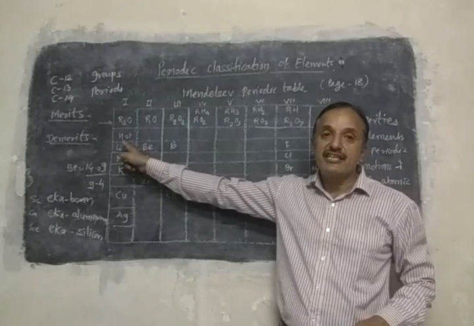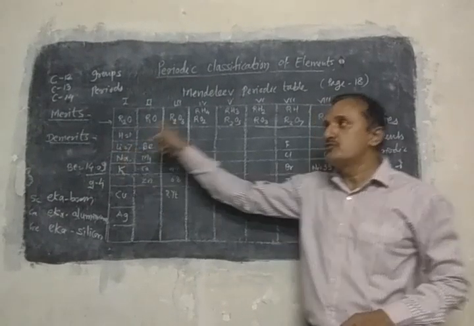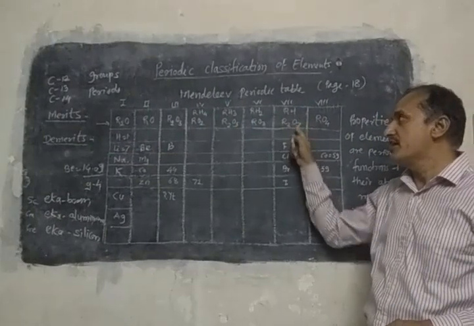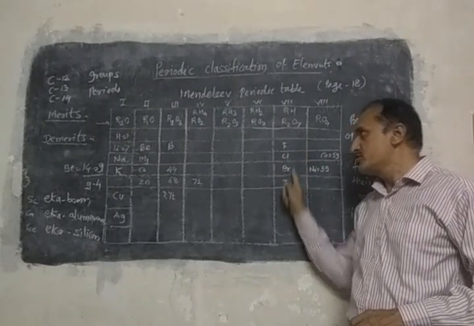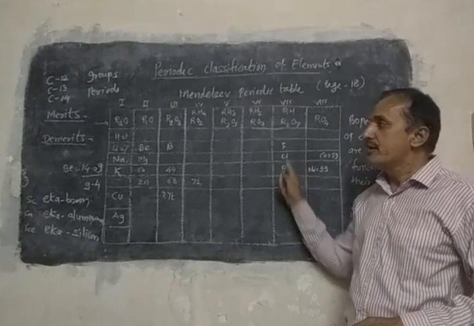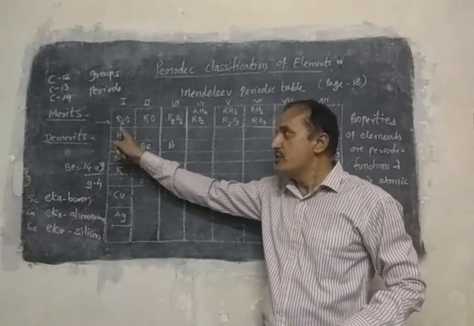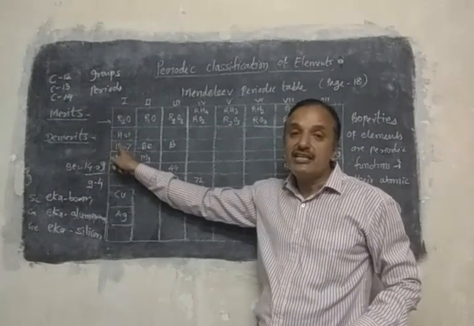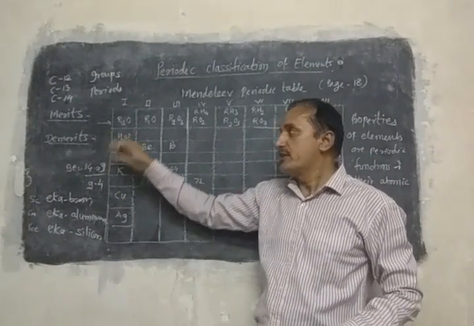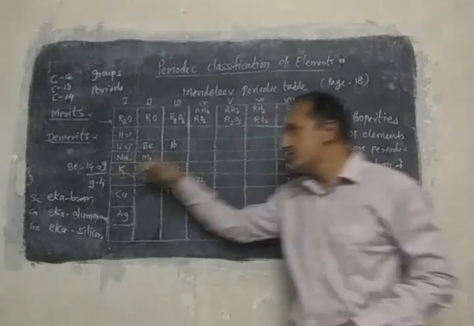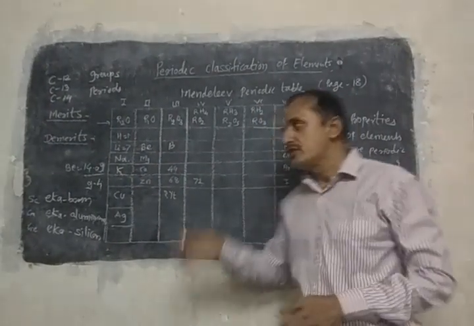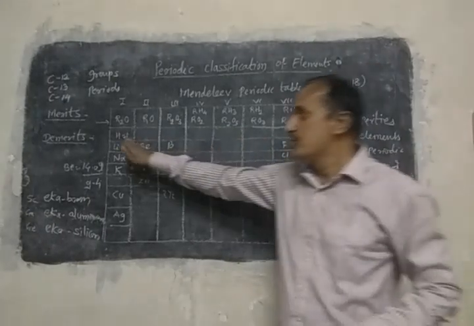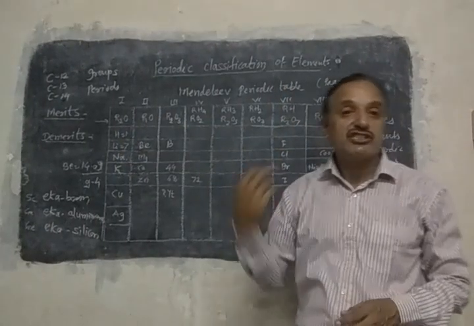Hydrogen forms compounds like the halogens, and the properties of hydrogen are similar to the alkali metals. So whether hydrogen should be placed with the alkali metals or with the halogens, that was confusion. So the place for hydrogen is not fixed, that was the second drawback.